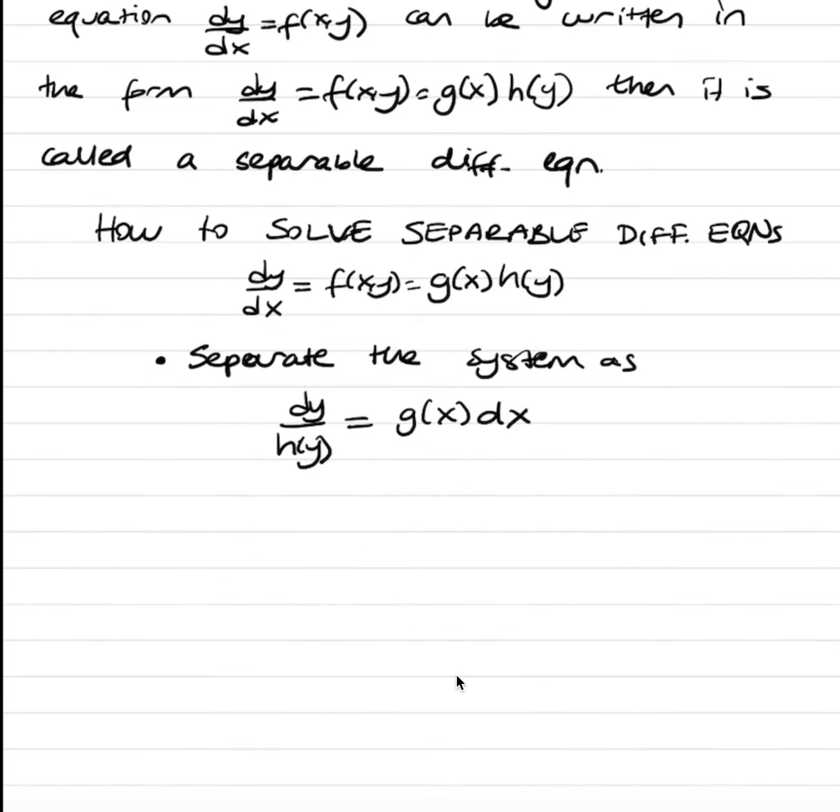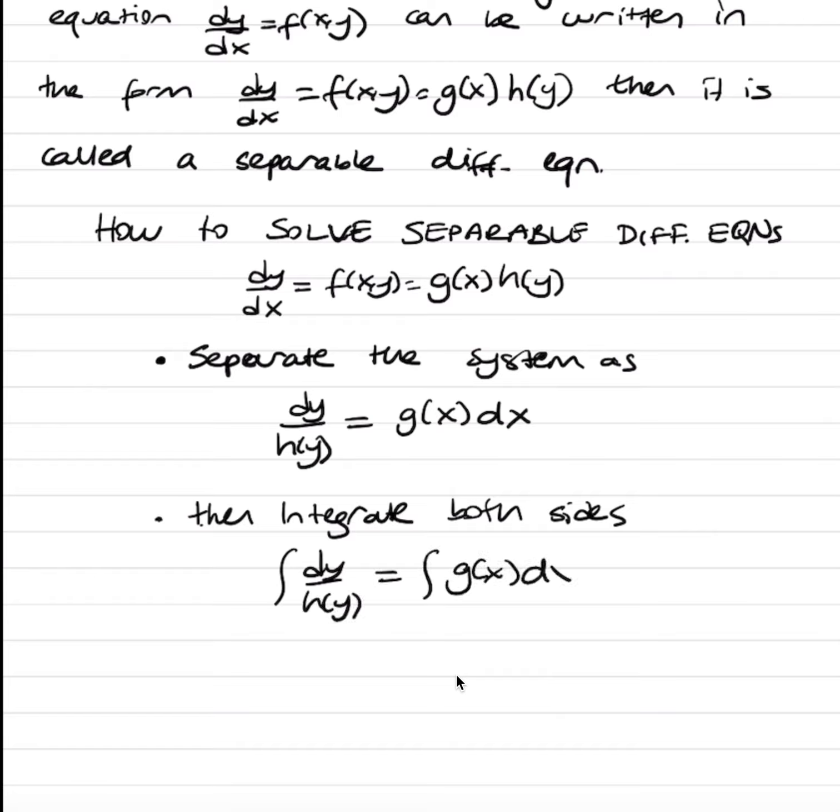Then we just integrate both sides: the integral of dy over h of y is equal to the integral of g of x dx. So that's it. We find the solution.